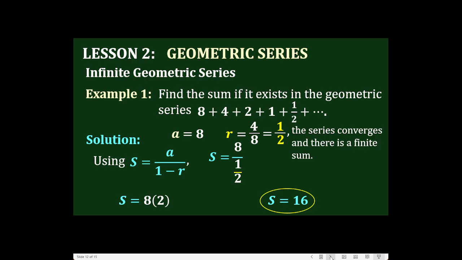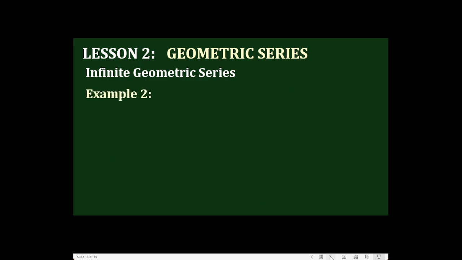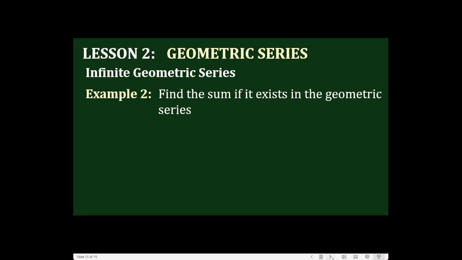Next. Example number 2. Find the sum, if it exists, in this geometric series: 3 minus 1 plus 1/3 minus 1/9 plus, and so on. So what are the things that we need to compute for the sum? Of course, we need the first term, which is A, and that is 3, and R, which is the common ratio.